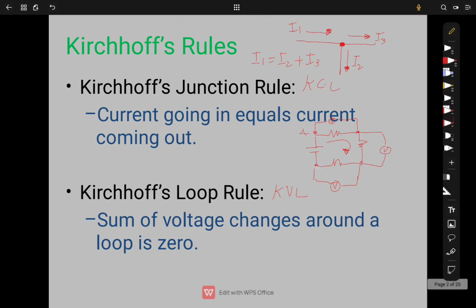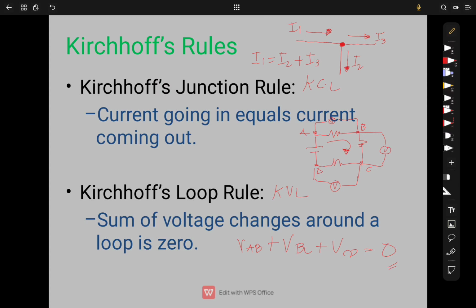So, A, B, C, and D. Ang sabi dito, sum ng voltage changes around a loop is 0. So, unang voltage natin is VAB plus yung voltage natin here sa second resistor natin, voltage BC, plus voltage natin kay CD is equal sa 0. Ibig sabihin, summation lang ng mga voltages nito ay mag-i-equals lang din sa 0.